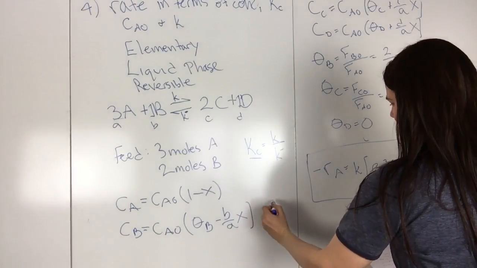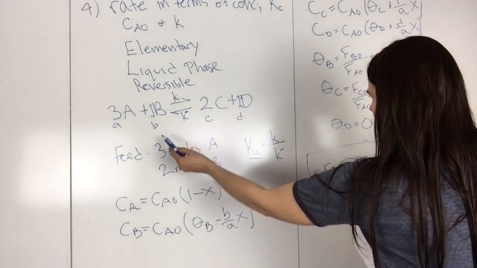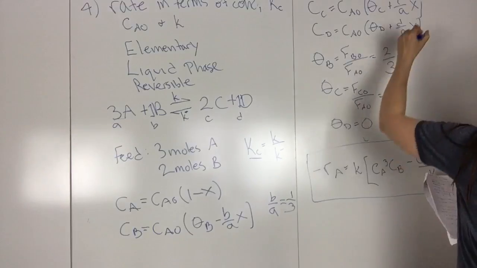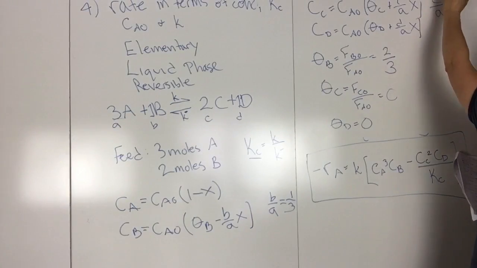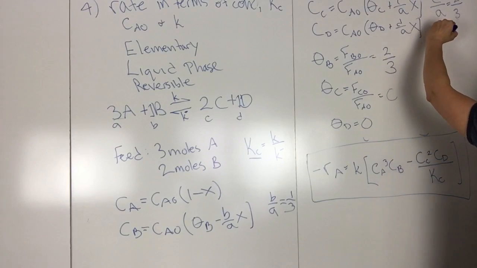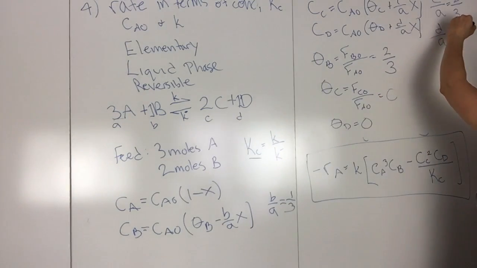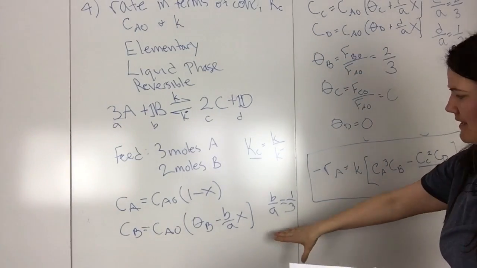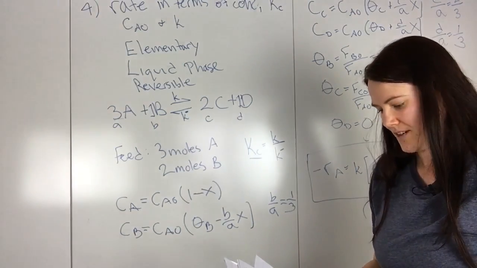The last part is B over A: B is 1, A is 3, so that's 1/3. C over A: C is 2, A is 3, so that's 2/3. And D over A: D is 1, A is 3, so that's 1/3. Then you would just plug these in to get the concentrations as a function of conversion.